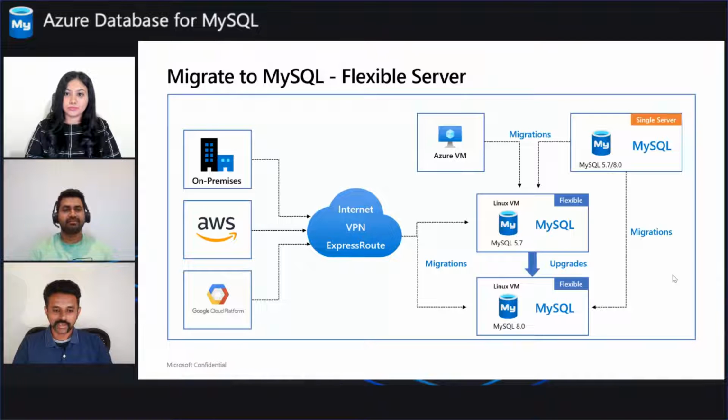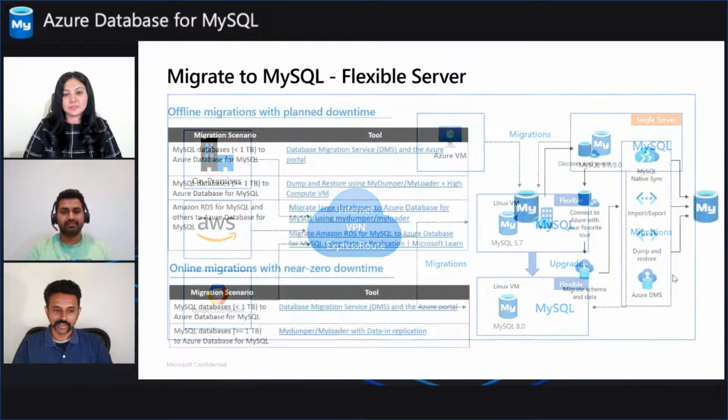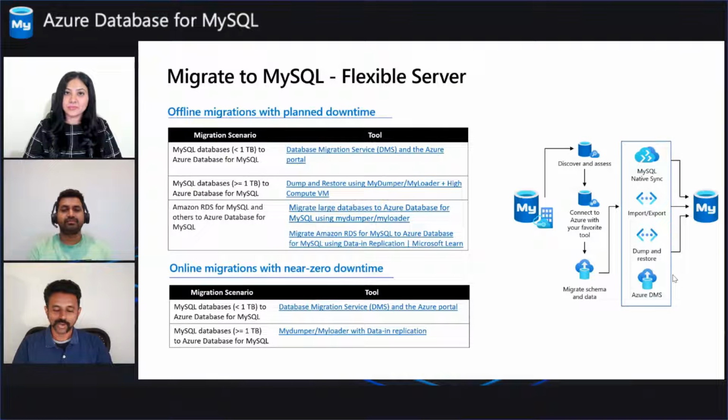Here we are just picking up from the topic covered in the previous webinars, where we showed how we migrate from these different sources to flexible server. And also if you are running on MySQL 5.7, how you can come to flexible server and then upgrade, or if you're already on 8.0, you can directly upgrade to 8.0 MySQL on flexible server. So we'll move on to the next one, where we will look at the different tooling that we have.